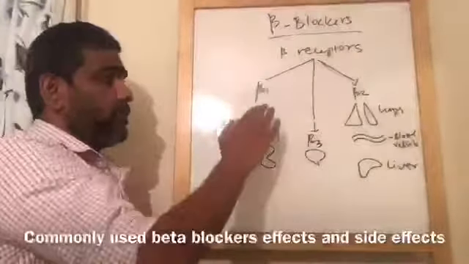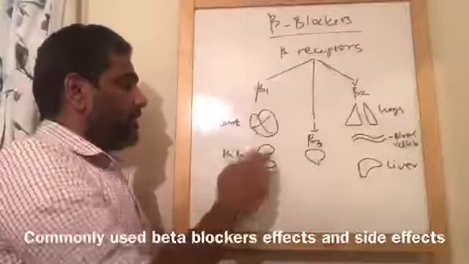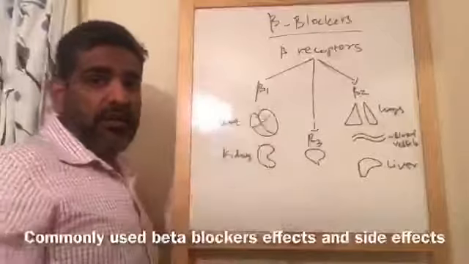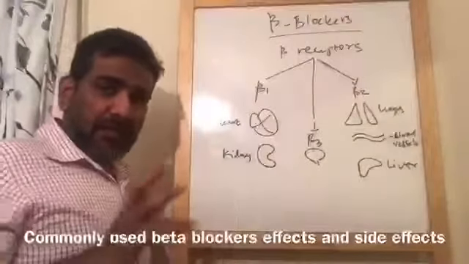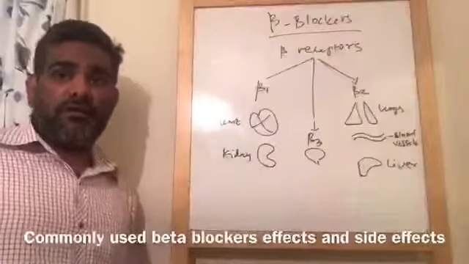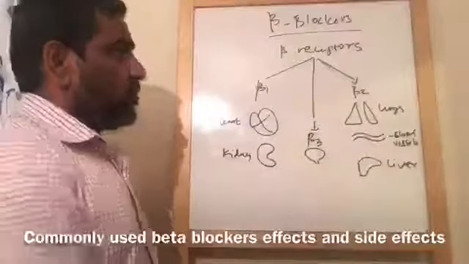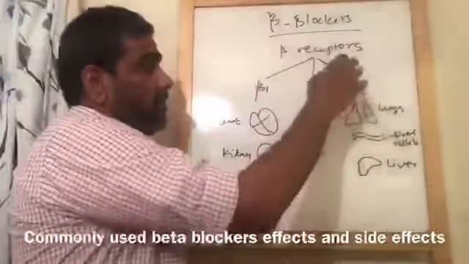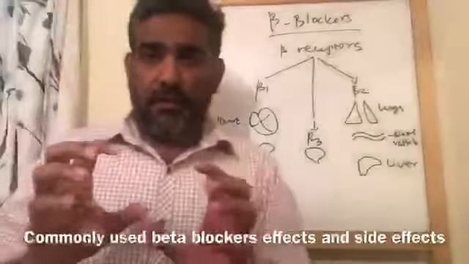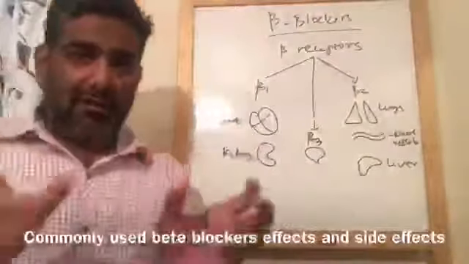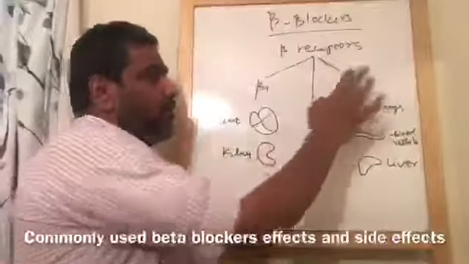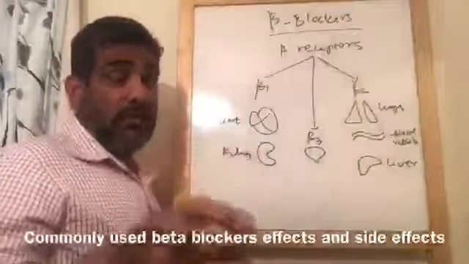Beta 1 receptors are found in the heart and the kidney. In the heart, they exert an inotropic effect and increase the contractility. In the kidney, they increase renin production. Beta 2 receptors are found in the lungs, where they increase the diameter of the bronchioles, and we use beta 2 agonists for asthma patients.